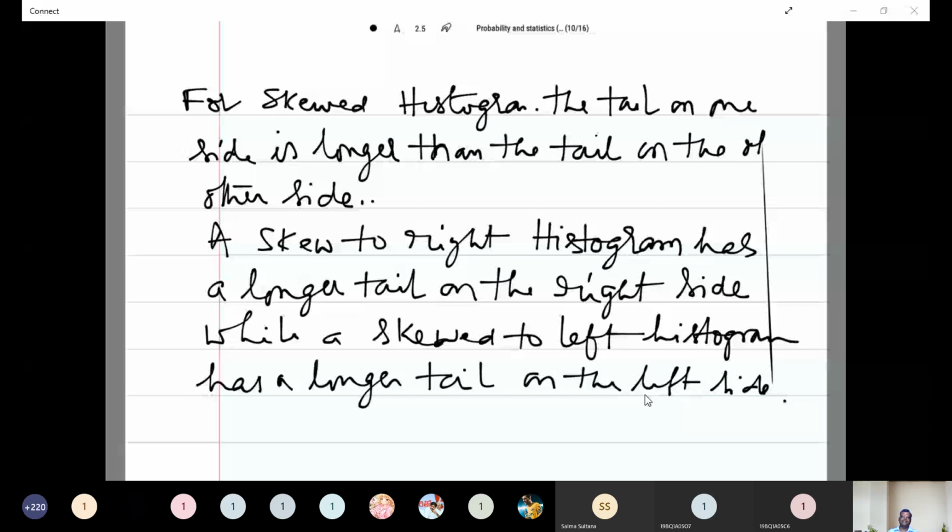Now, suppose it is not skewed to left and not skewed to right, and is also not symmetric. It will be in the form of a rectangle like that.